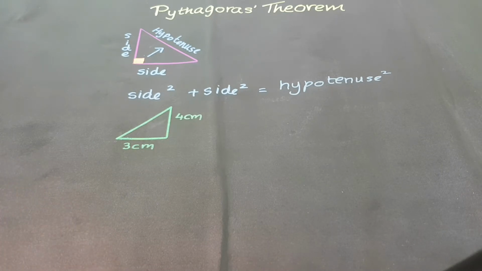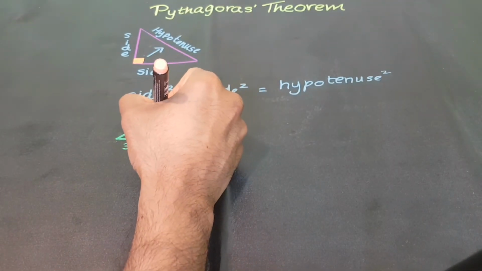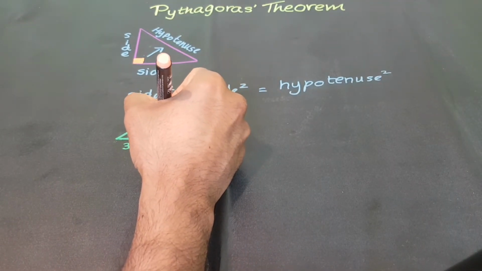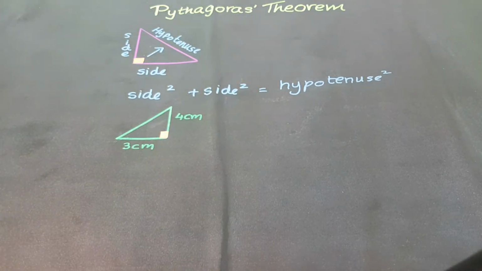Now I have a right angle triangle here with two of the sides and the length of the hypotenuse is missing. So again, to find out the length of the hypotenuse, the first thing I need to do, because it's a right angle triangle, is locate where the right angle is, and it's over there. So I'm going to shade it in to emphasize it.